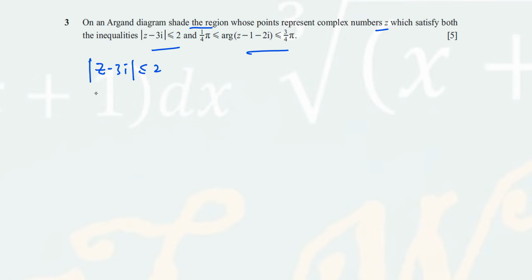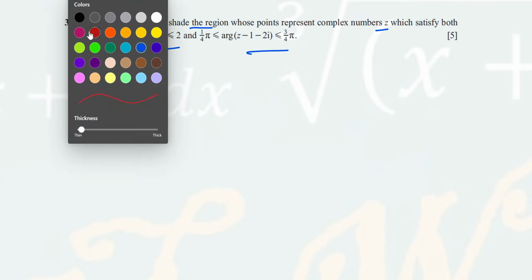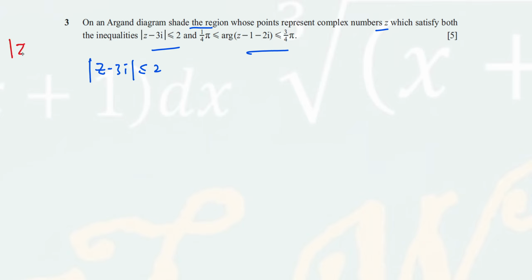From here, the general form of a circle is basically modulus of z minus the center, where the center coordinates are (a, b), less than or equal to r. That means the center is at coordinates (a, b) and the radius is r.